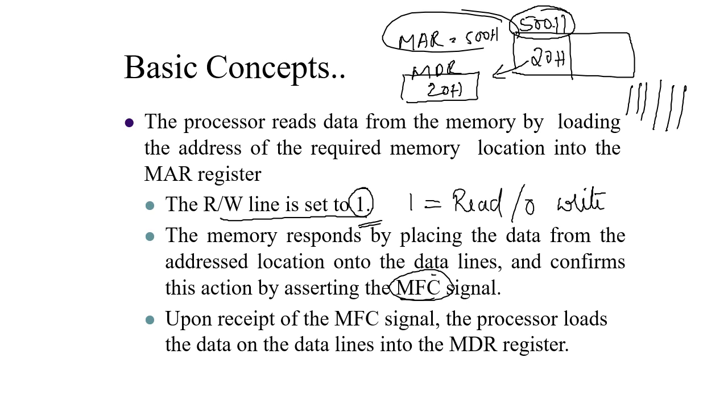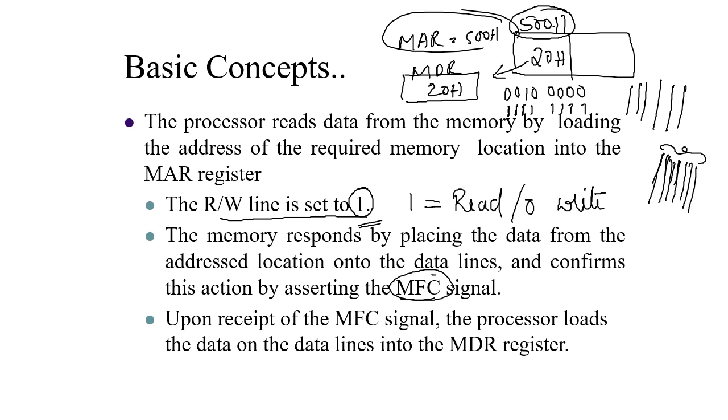So when I say 8-bit data bus, you will have 8 different lines. This 20H is nothing but 0010 0000. Each bit is connected to one data bus line.